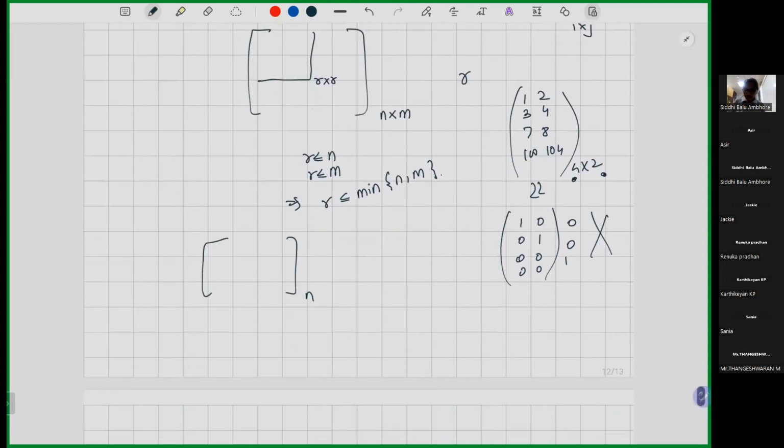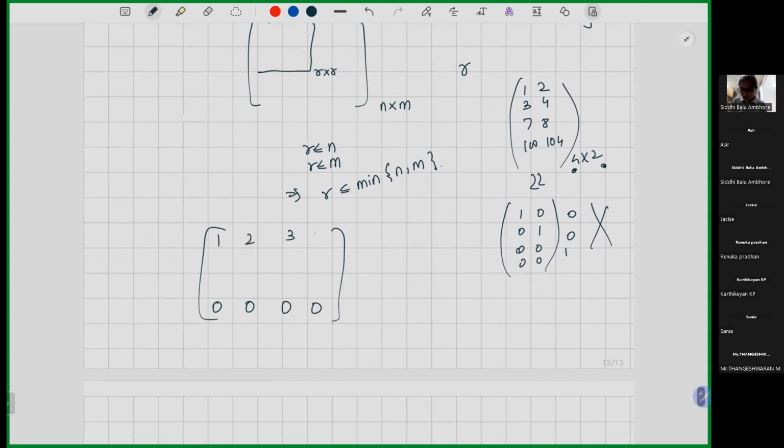But let me show you this thing, okay? Suppose this row is entirely 0. What I do is 1, 2, 3, 4, 4, 8, 12, 16, 0, 0, 0, 1. And what is the rank of this matrix? It should be three, right? No, it's not 3. First of all, this matrix is not in its row echelon form, because I have this leading one and below that one there is a non-zero entry.